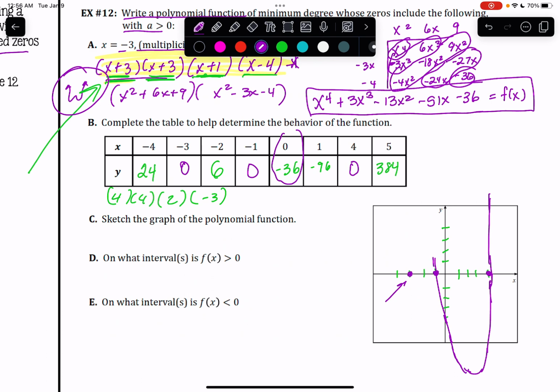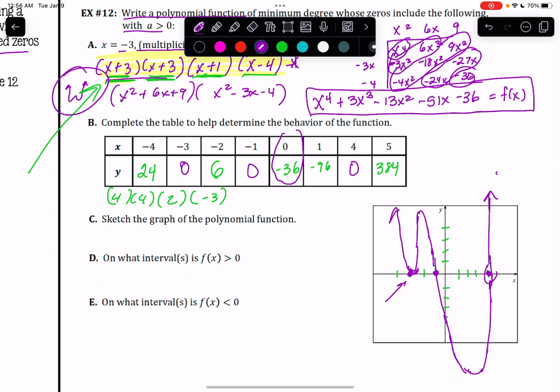and then we would go up, and we have to come down, and this one just has to touch because it does not go through, because it's multiplicity 2. So check it out. We have the right shape of the graph. Both our limits are going to positive infinity.